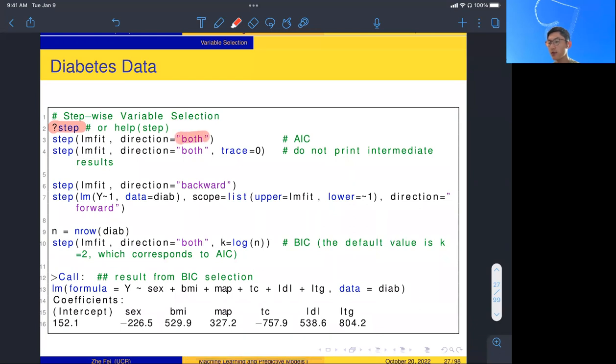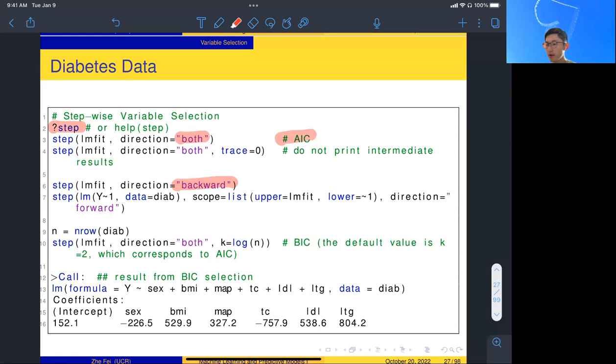So the direction is both means we do both the backwards and forward selection, right? And for backwards, that means the first backwards we want to perform. And so the default, right? So the default criteria for stepwise selection or stepwise regression is the AIC criteria, right? And there are some just additional arguments, right? Trace equal to 0. That means you do not print intermediate results.